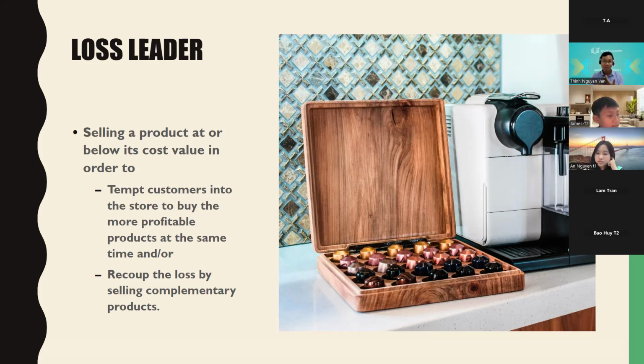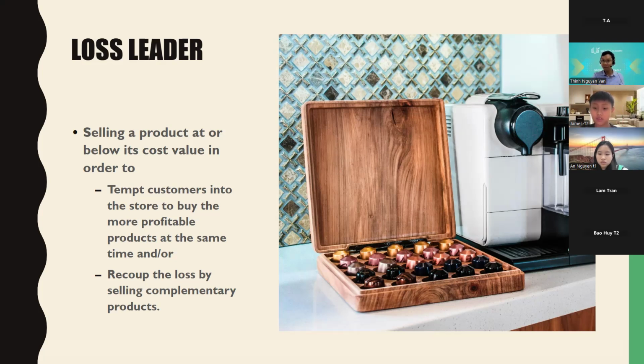So if I am the producer of coffee powder, I will create a coffee machine, give it a brand name from my company, and sell the machine at a very low price. But then when they use Mr. Coffee machine, they need to use Mr. Coffee powder. That's the habit. And then I gain more money from selling coffee powder.